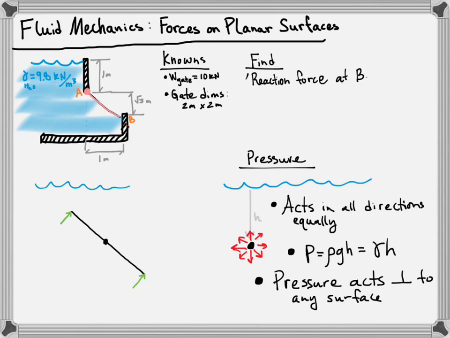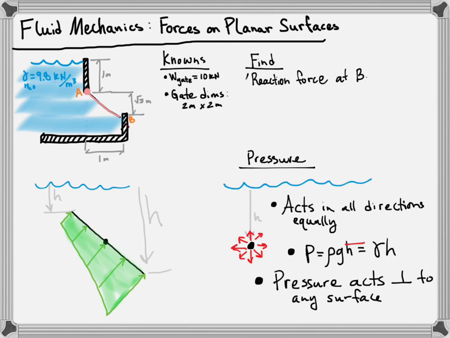And we're going to show this on the left-hand side here. I'm going to show the pressure distribution here. So our gate will have the left-hand side at a shallower location and the right-hand side at a much deeper location.